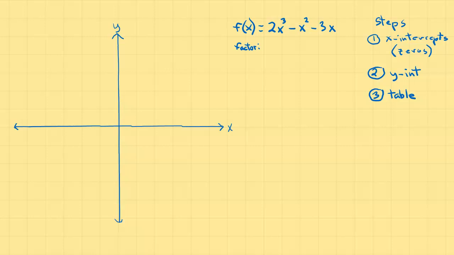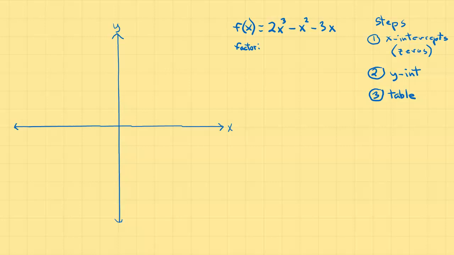Now, the first rule of factoring says that when you're factoring an expression, always factor out the greatest common factor first. And when I look at each of these 3 terms, 2x cubed minus x squared minus 3x, I see that they all have an x in common.